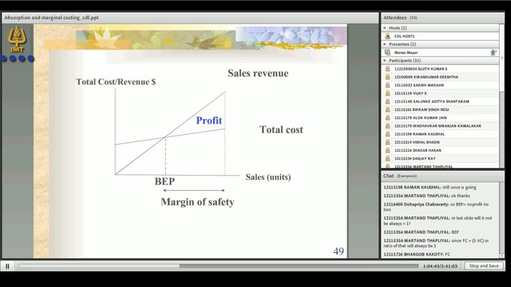And as I took the example of Maruti, if they are in the margin of safety zone, even if they face any problem, say less demand in the market, or some new competitor has entered the market, they are fine, because in order to have a competitive edge, you should have an edge over the pricing or selling price, and selling price edge can be achieved once you achieve break-even point.